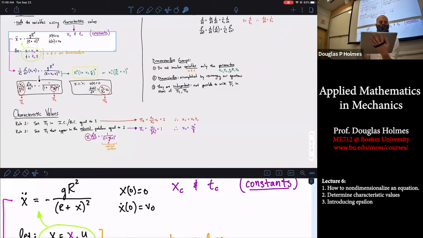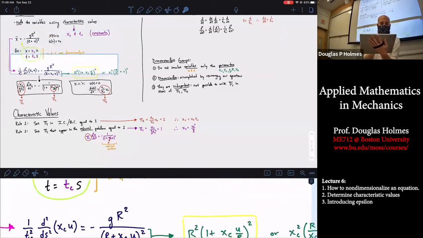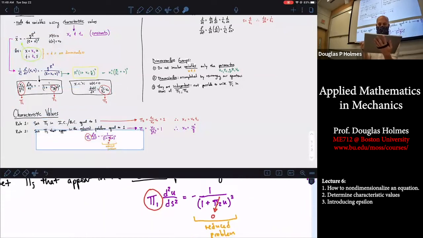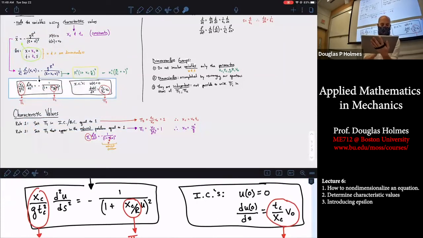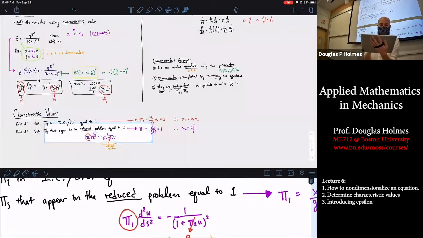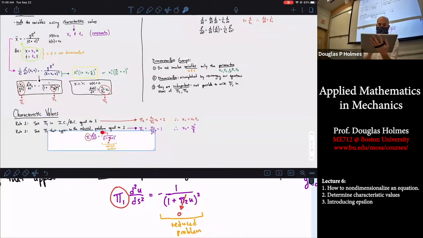And so we ended up with, retaking this equation here, pi 1 and pi 2. I'm just rewriting that equation in terms of pi 1 and pi 2, and that's here. So the question is, what is really important, or what is a limit that we could take that would reduce the problem in complexity to something fairly trivial?